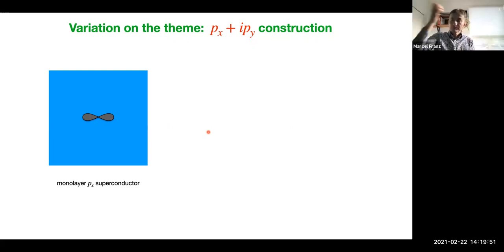Okay, great. So this was about BSCCO and high Tc d-wave superconductors. Let me show 2 slides about a kind of variation on the same theme. This is a similar construction for a p plus ip superconductor.